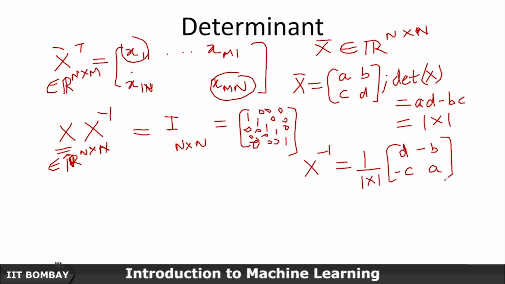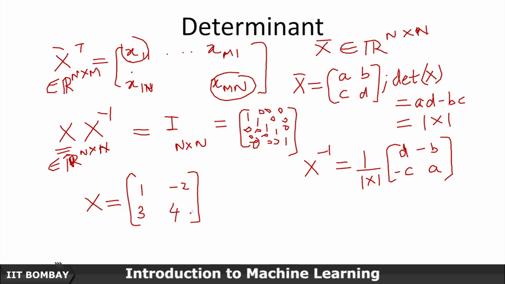Okay. So let's take an example. Let's say x is equal to 1, minus 2, 3 and 4. Okay.